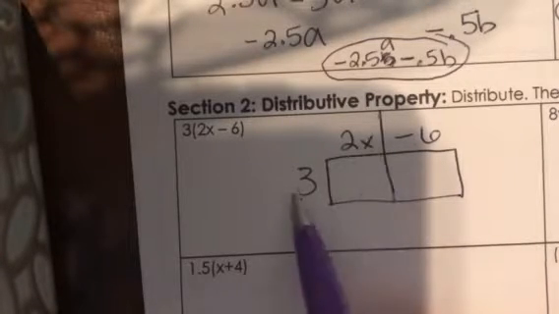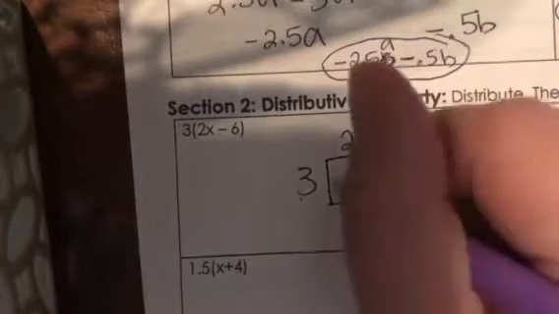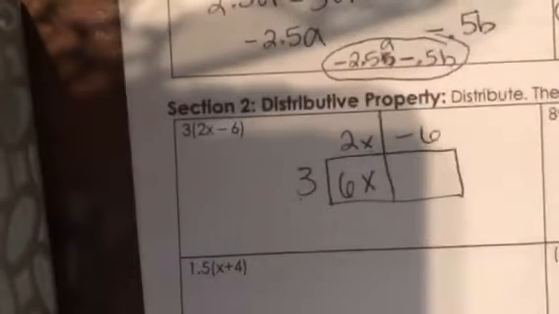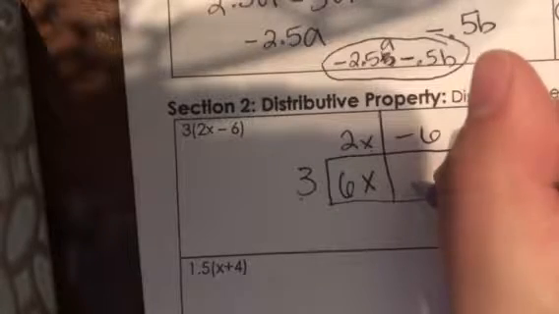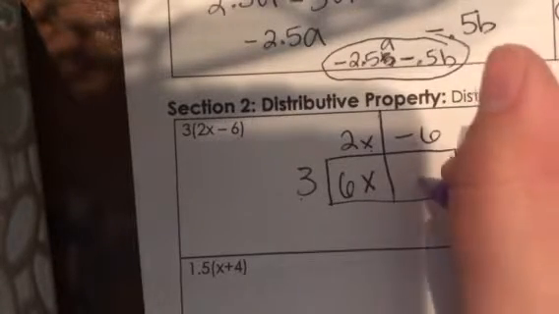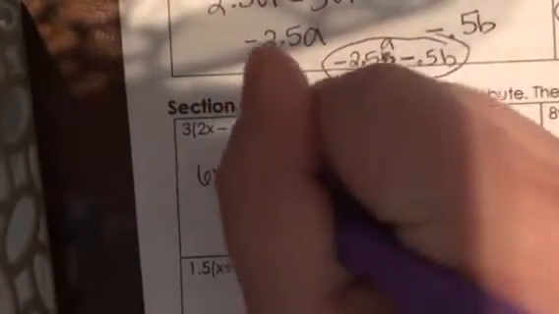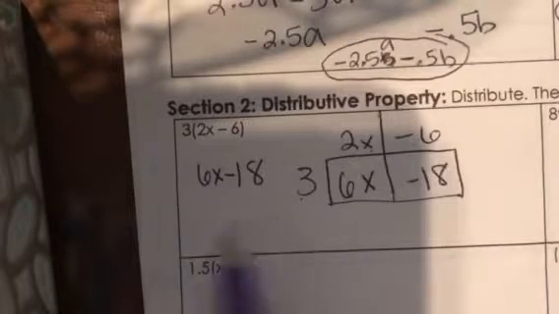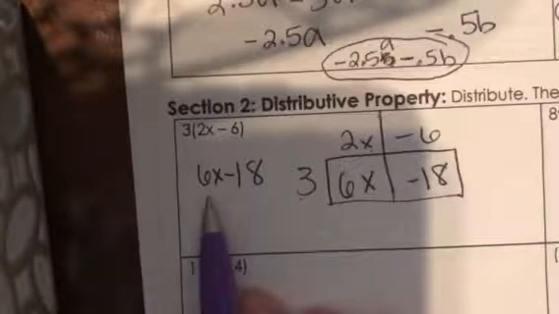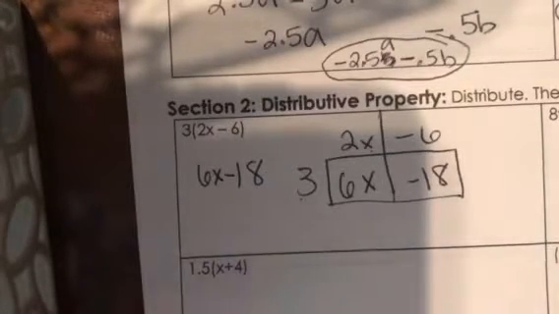So in this box, I multiply 3 times 2 is 6. Make sure I include my x. 3 times negative 6 is negative 18. So your answer here is 6x minus 18. You cannot combine this anymore because this term has an x, this does not.